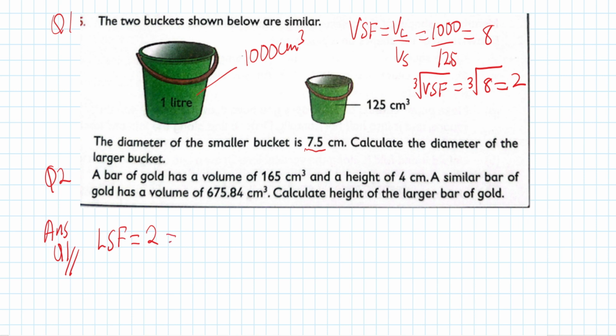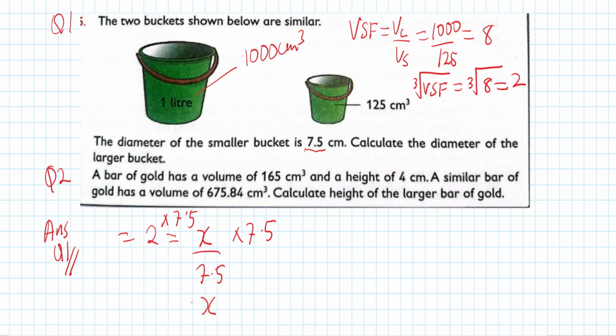So the linear scale factor is equal to the diameter of the larger over the diameter of the smaller. Let's say the diameter of the larger one is x, we don't know, it's unknown. But the diameter of the smaller one is actually 7.5. Now for us to get x, because we already have our linear scale factor, we multiply 7.5 on this side and also multiply 7.5.